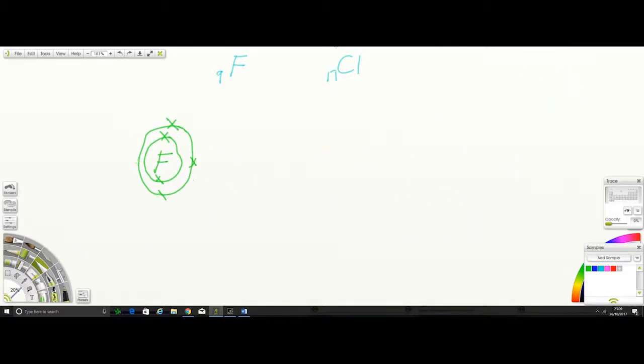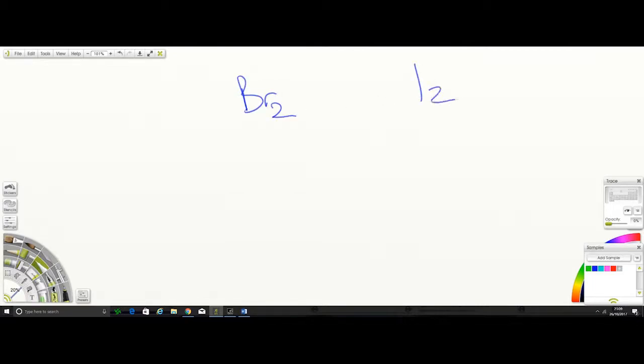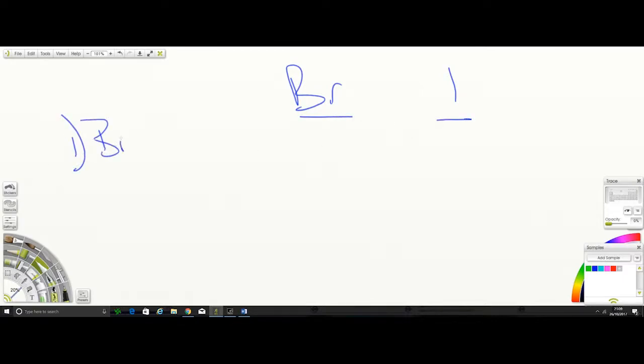Okay, so if we're comparing bromine with iodine, both halogens, and we're saying why is bromine more reactive, then number 1, bromine has less shielding compared with iodine.